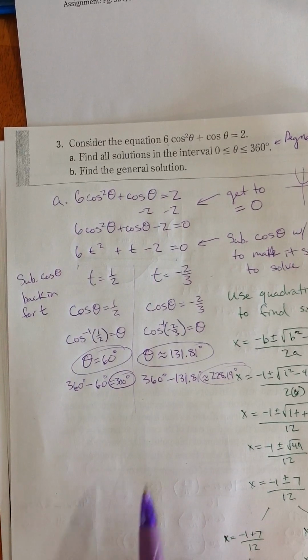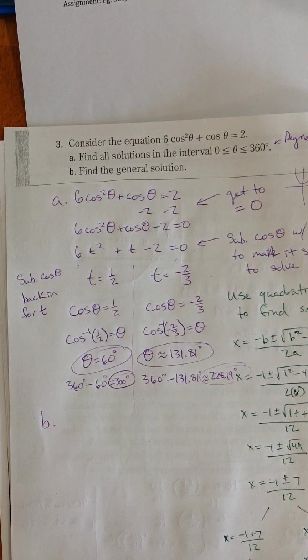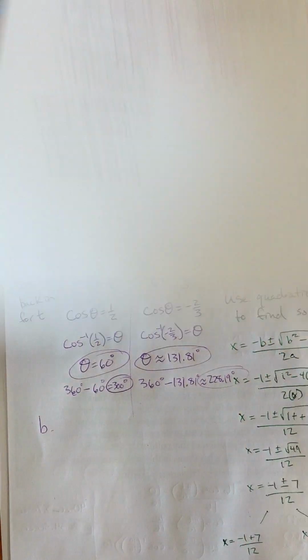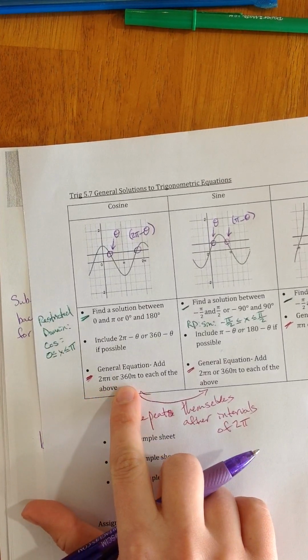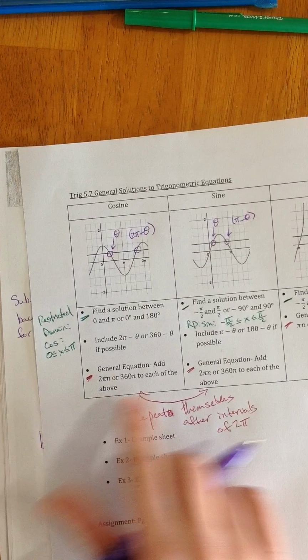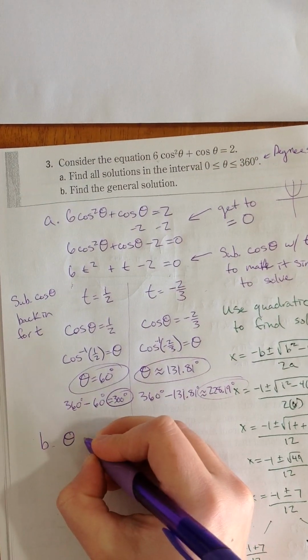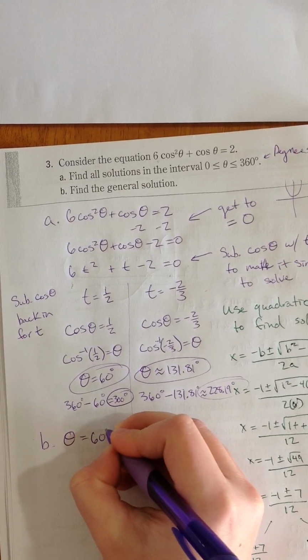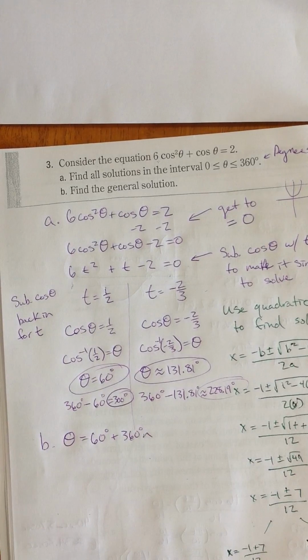So we got that stuff. Then for part B, what they want us to do is the general equation stuff, where since it's cosine, we're taking 2 pi n or 360 n and adding it to each of those answers we just got. So you're going to do theta is equal to 60 degrees plus 360 degrees n.